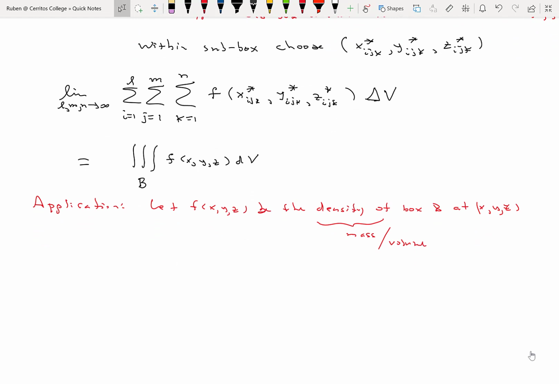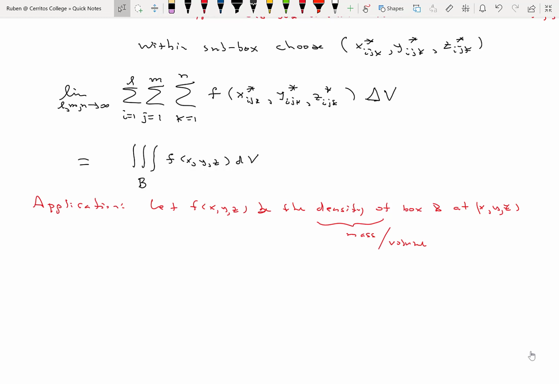How can a point have mass or volume? But we allow this by saying that it's just a really tiny volume surrounding the point x, y, z.